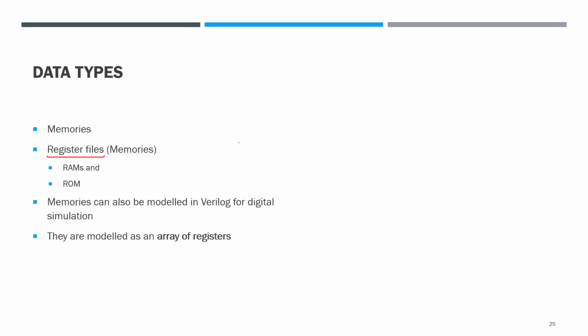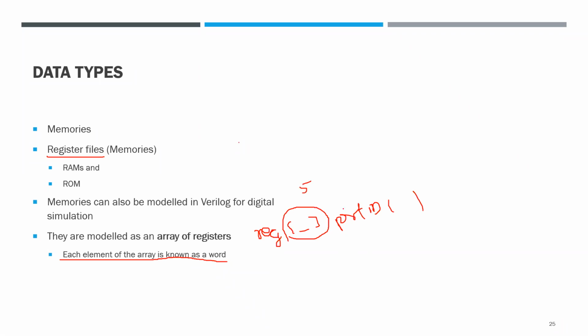In this case, each element in the array is known as a word. Previously we had declared, right, register some number, then port ID and some number. It was telling that I have registers of 5 bits, that is the previous case, and I have a total of 8 port IDs.